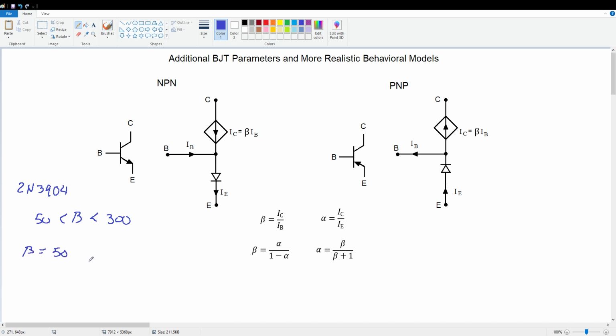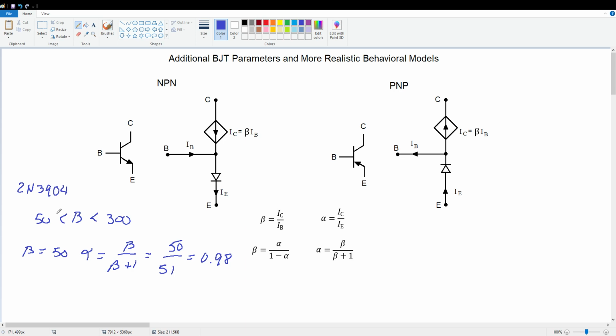What's the corresponding alpha? Well, remember alpha equals beta over beta plus 1. So it's 50 divided by 51, and that gives us an alpha of about 0.98.